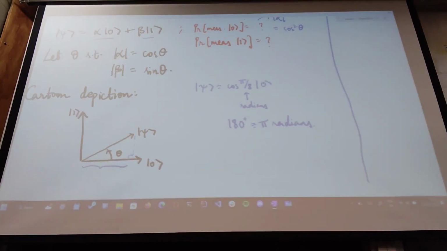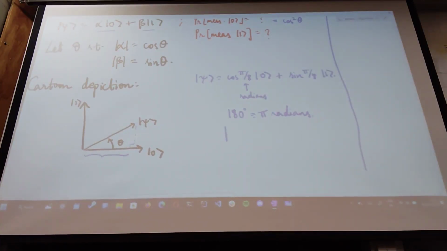If you have this state, what would the probability of measuring, say, a 1 be? Sine squared pi by 8, right? Yes. Right, so in this case, we write the probability of measuring 1 as sine squared pi over 8.